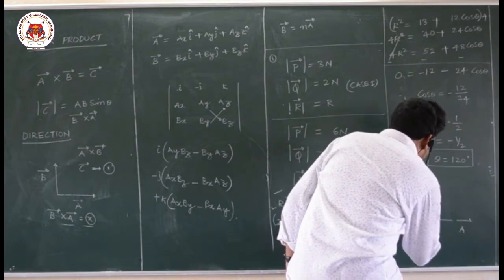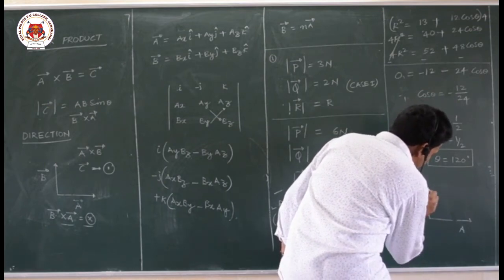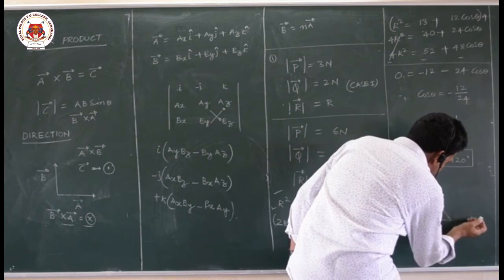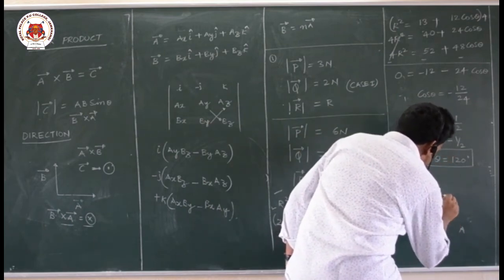That means this is the diagram. This is A, this is R, this is B.